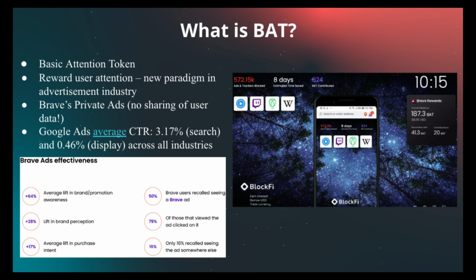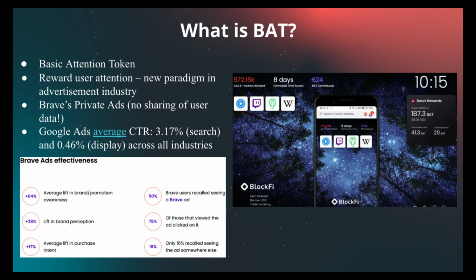They also bring some interesting data, like an average lift in brand promotion or awareness of 64%, 16% of people remembering seeing the ad somewhere, and 50% recalling seeing the Brave ad. I think the data speaks for itself.